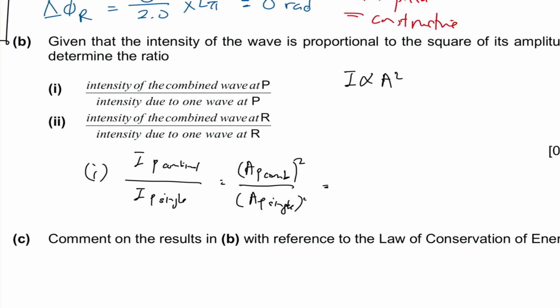I'll get 0 over A, the whole thing squared, so this is 0.